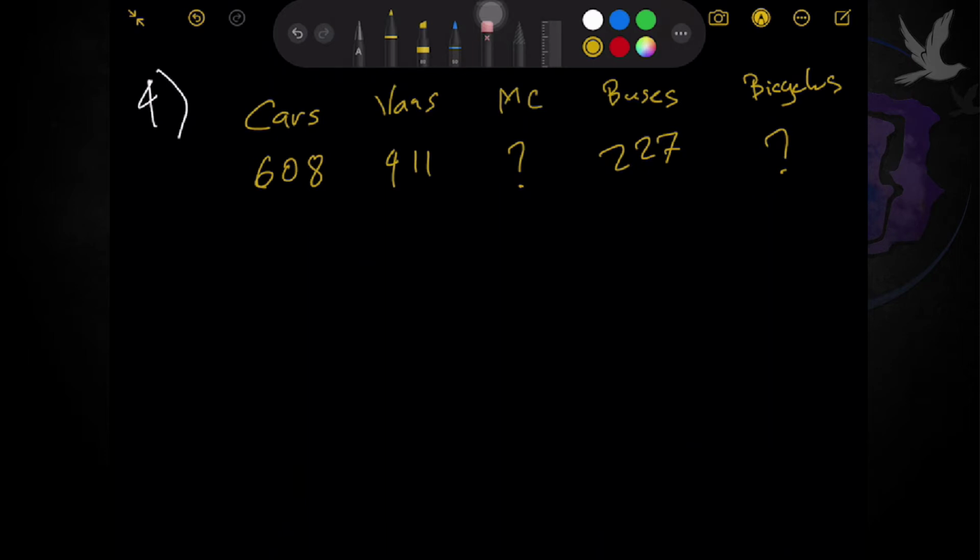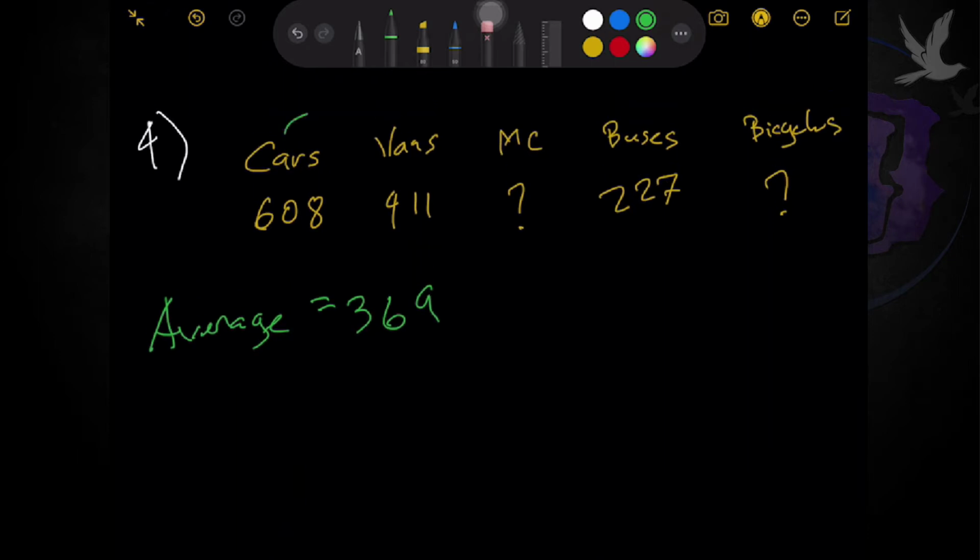First things first is to know the average. We know that our average here is equivalent to 369. So try muna natin yan. Kunin muna natin yan, 369, and multiply it to the 5 units na nandito ngayon.